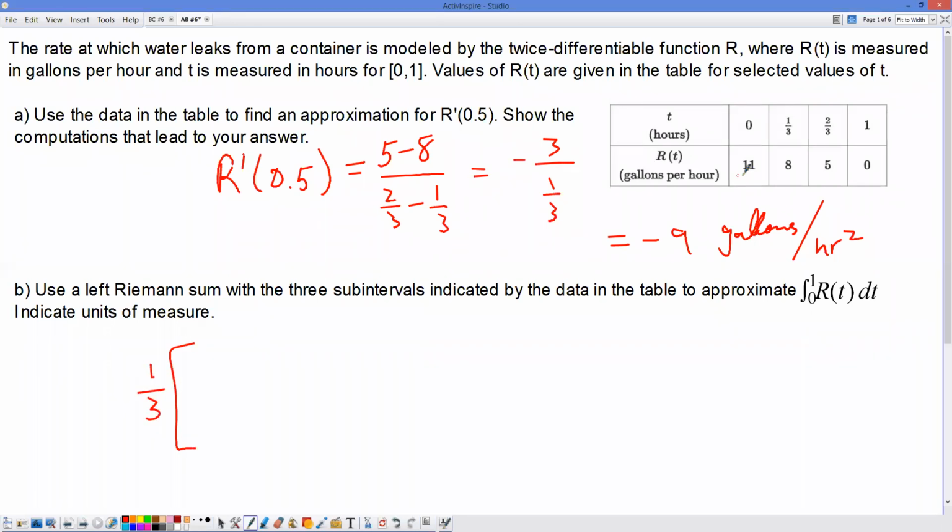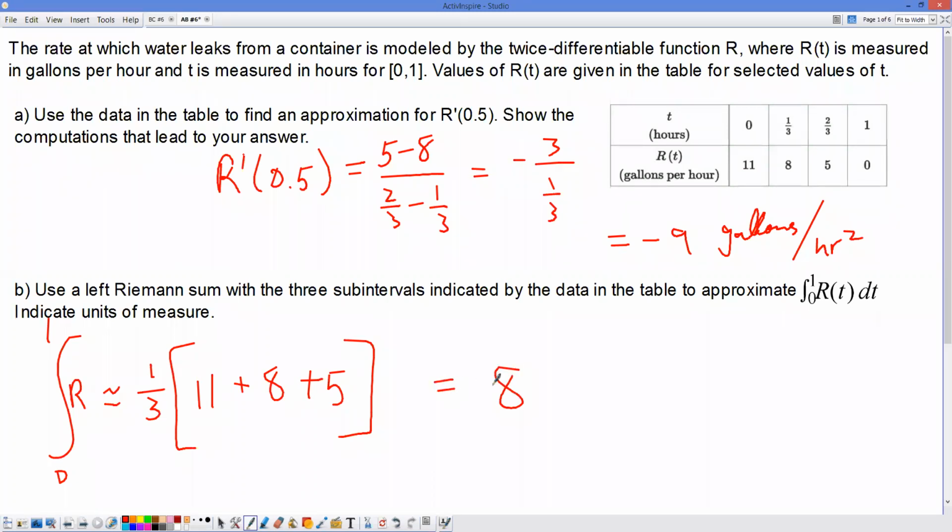And then using the left endpoints, that'll be 11 plus 8 plus 5. So that's our integral from 0 to 1 of R is approximately equal to 1/3 of (11 plus 8 plus 5), which, I think that comes out to be 8.